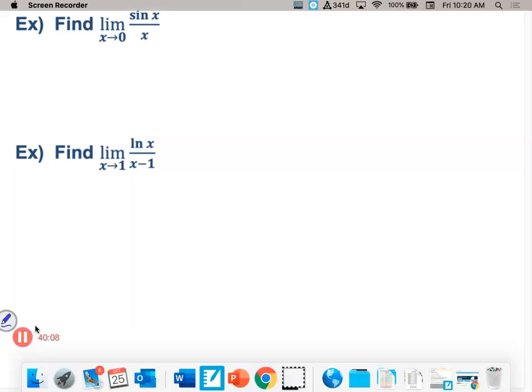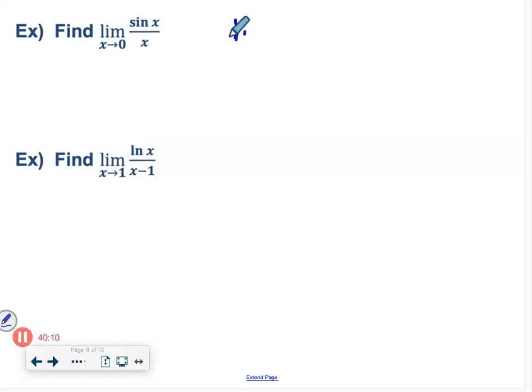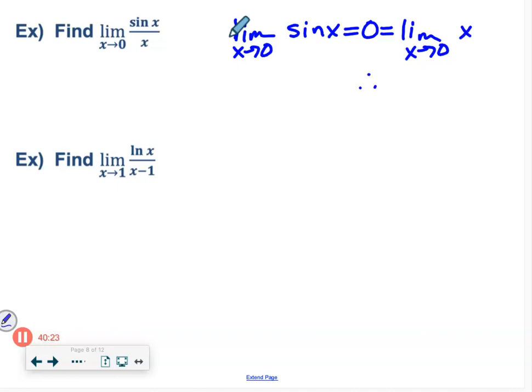For the first one, the first thing we have to do is justify our use of L'Hopital by stating that the limit of the top equals 0, which equals the limit of the bottom. Therefore, L'Hopital applies. Okay.